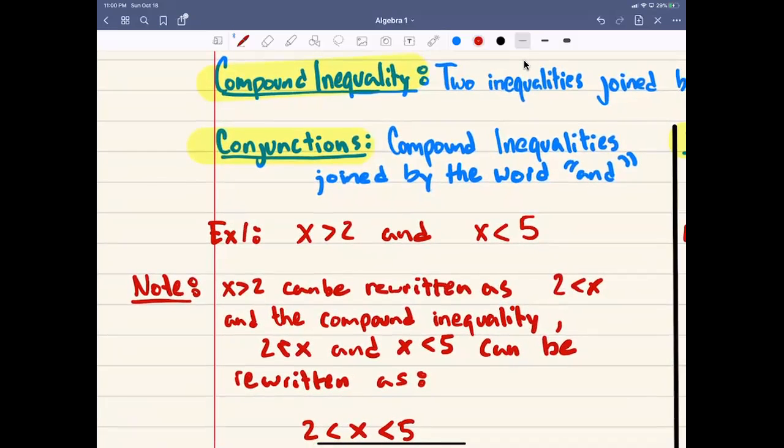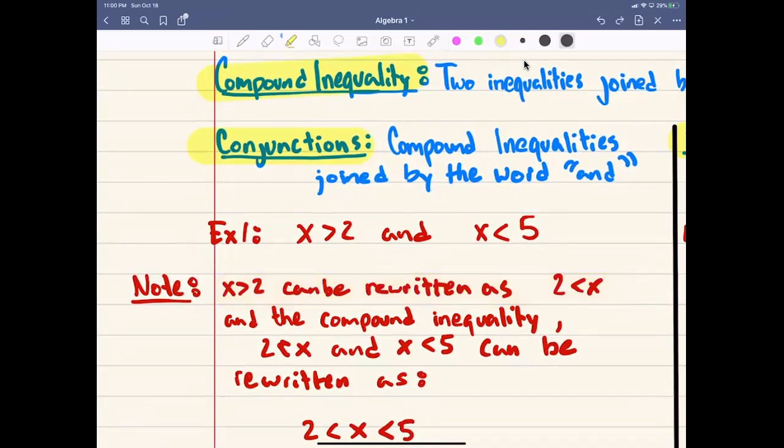They usually look like this. It's gonna say x is greater than 2 and x is less than 5, right? So that's pretty straightforward. However, x greater than 2 can be rewritten as 2 is less than x. These two things are the same thing.